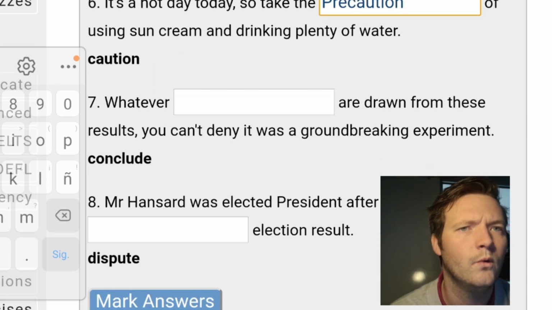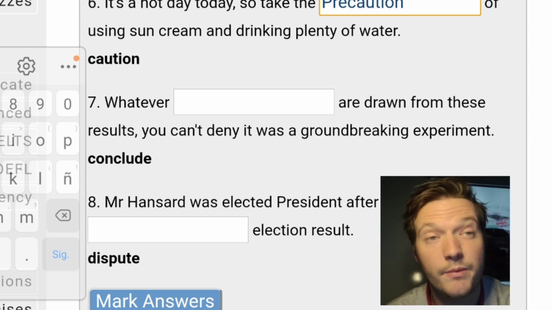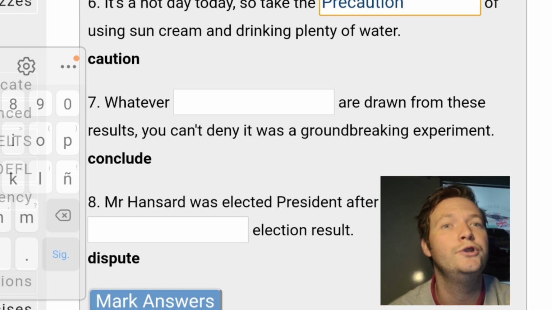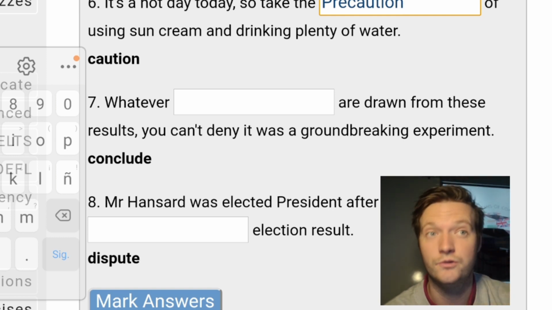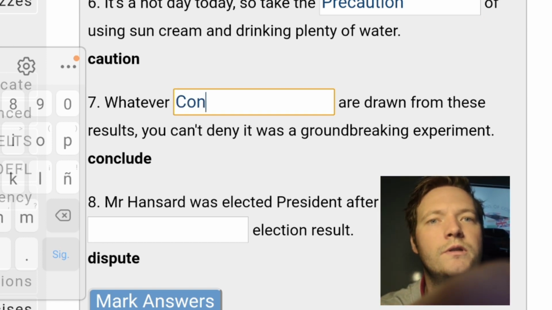Number 7. Whatever conclusions are drawn from these results, you can't deny it was a groundbreaking experiment. Be careful again here, plural, because whatever conclusions are drawn. Okay, so we just need to be careful with that.